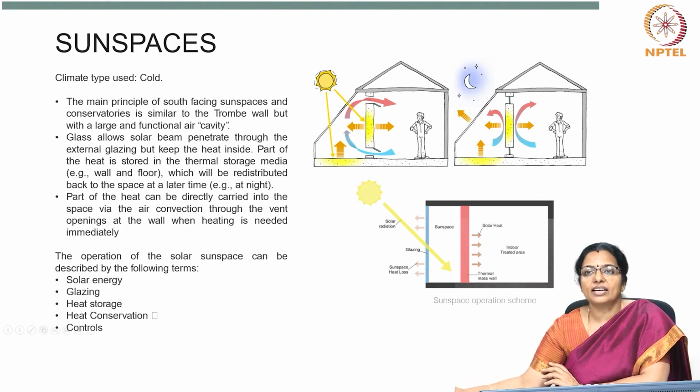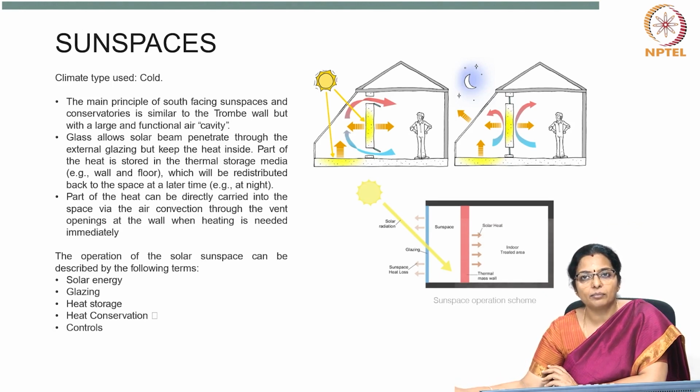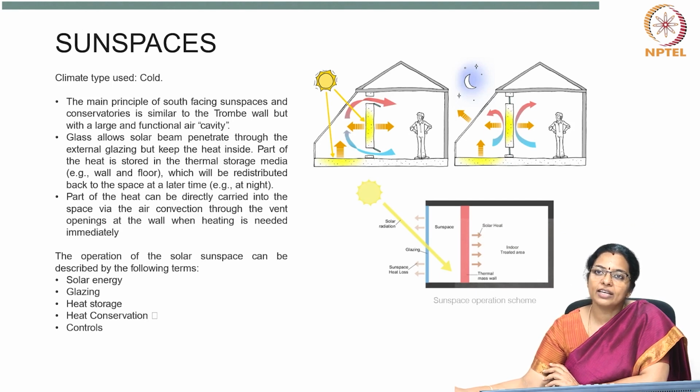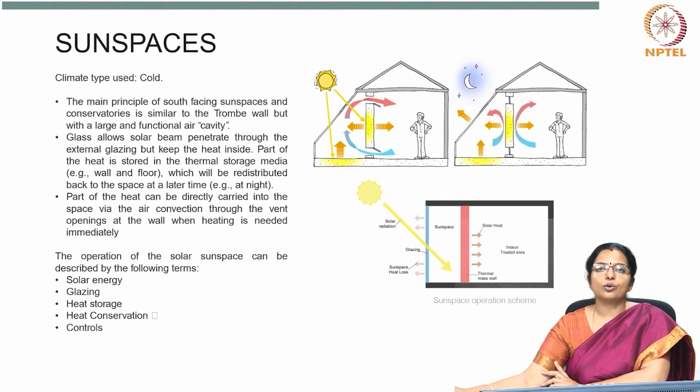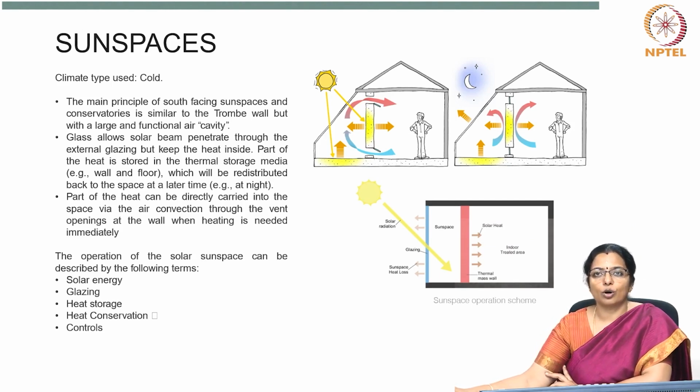Translucent material creates diffusion, which means radiation that enters the sun space is scattered and distributed evenly in all the sun space surfaces, avoiding areas of overheating. Some of it also gets reflected and absorbed.